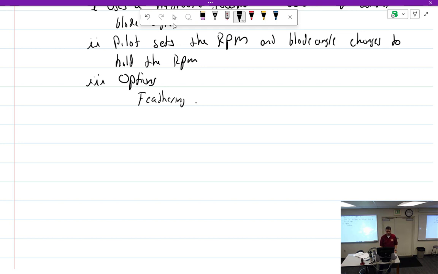Some of these are also reversing, so the thrust goes backwards and you can back up in the air. Like you're flying along and see something, whoa, check that out, and you back up a little bit. Turboprops generally have the reversing, but you can also get them in pistons. I had a customer who had a Baron who had one.